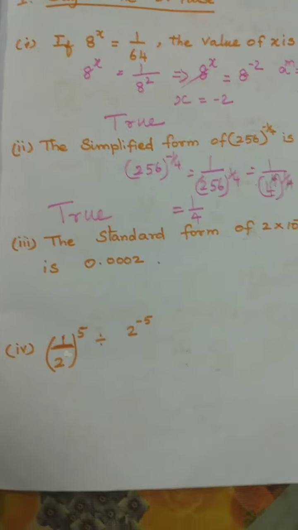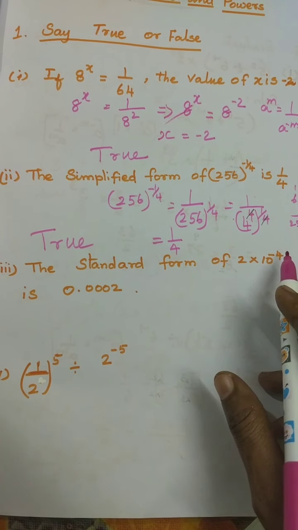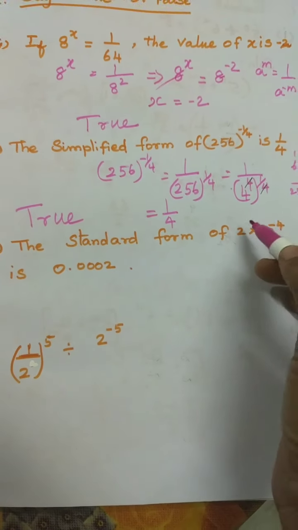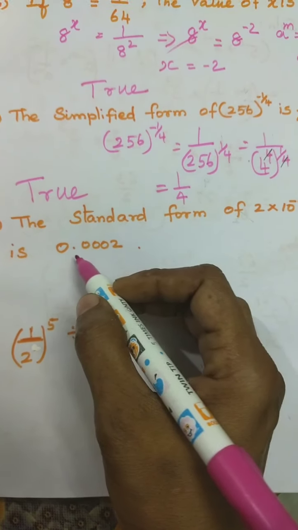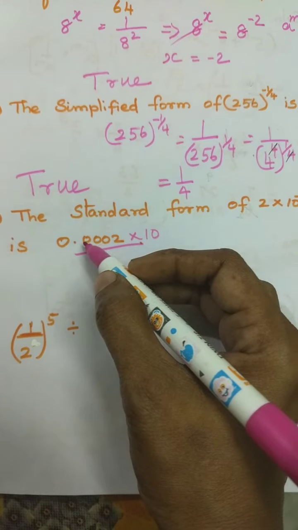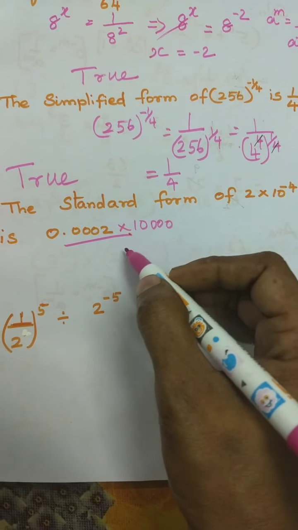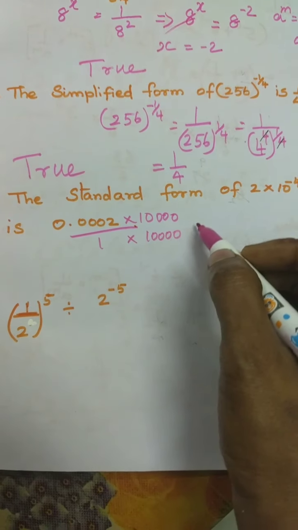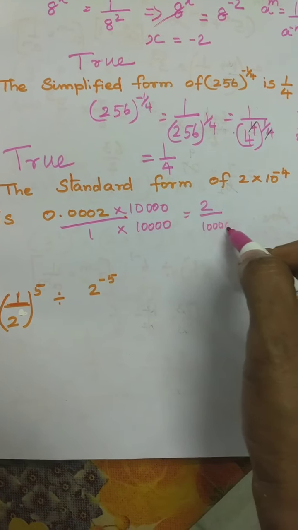The next, the standard form of 2 into 10 power minus 4. How will you write this? If you multiply and divide by 10,000, then it will come as 2 by 10,000.